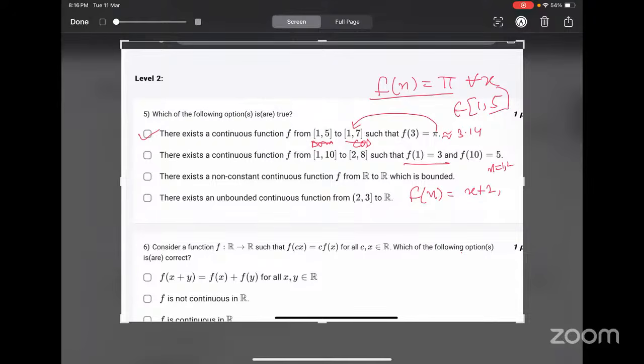Yes. And then 2x when it is greater than 2. That is 5. So x plus 2 when 1 is less than or equal to x less than or equal to 2, and not 2x, it's x over 2.